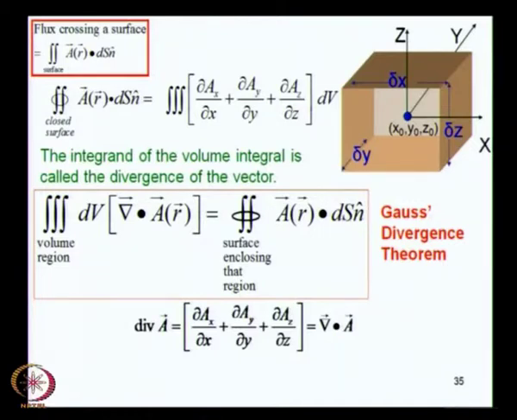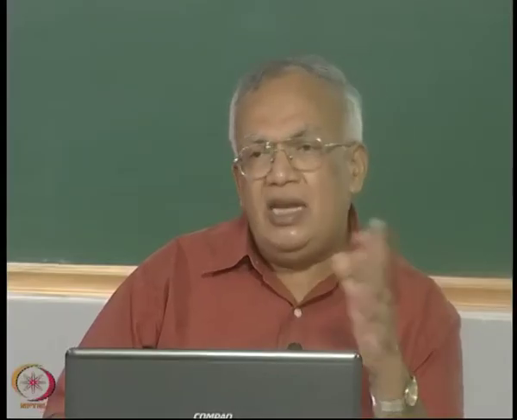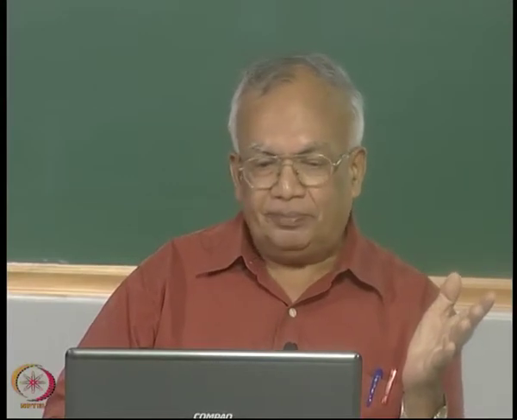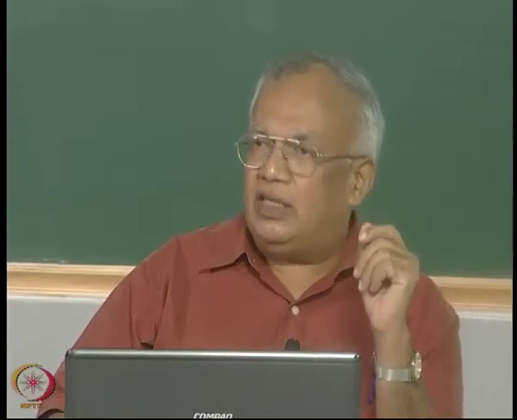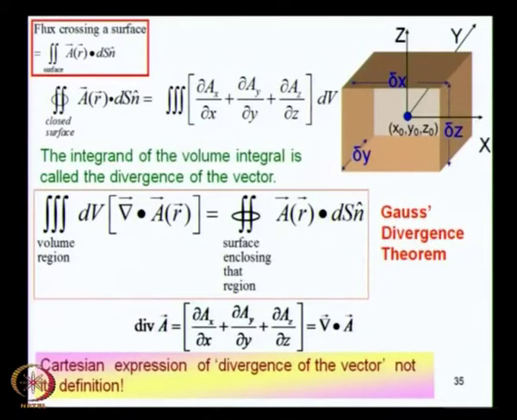Okay. So, we have come a long way by exploiting the Cartesian geometry, but we must carry this mathematical formalism further in a manner which is independent of the coordinate system. So, this is a Cartesian expression, but not the definition of the divergence.